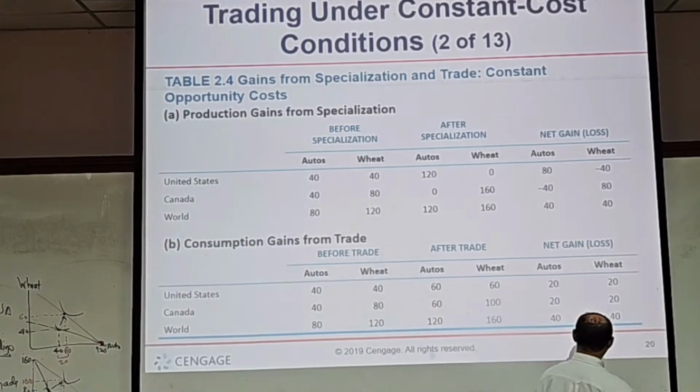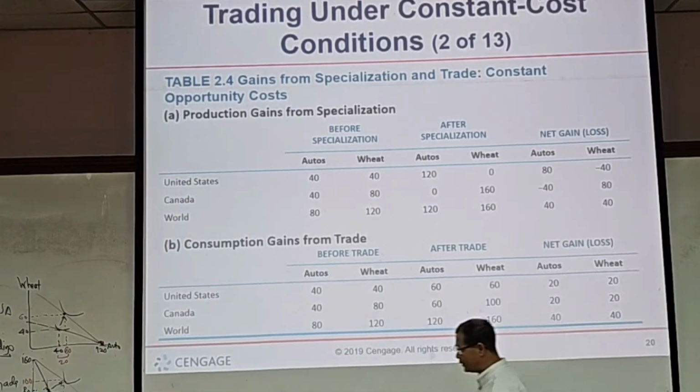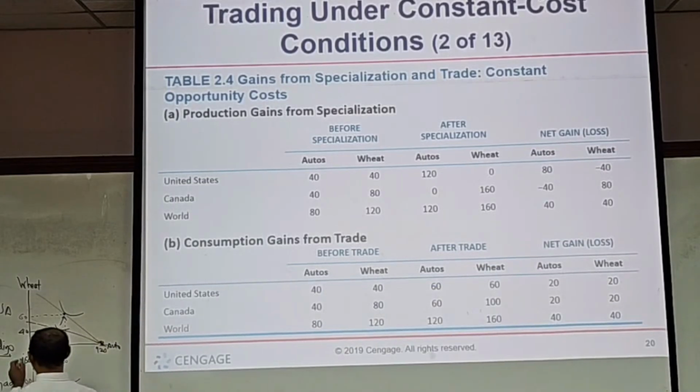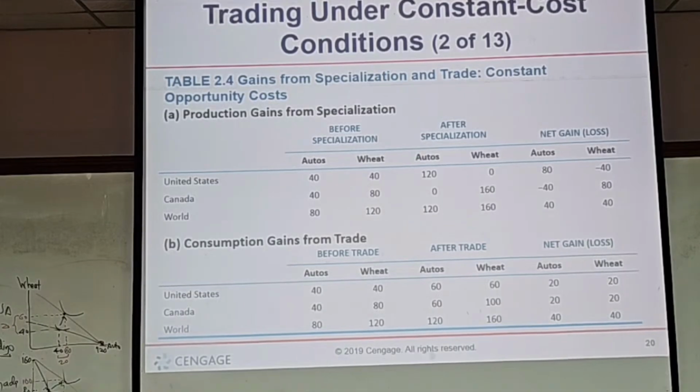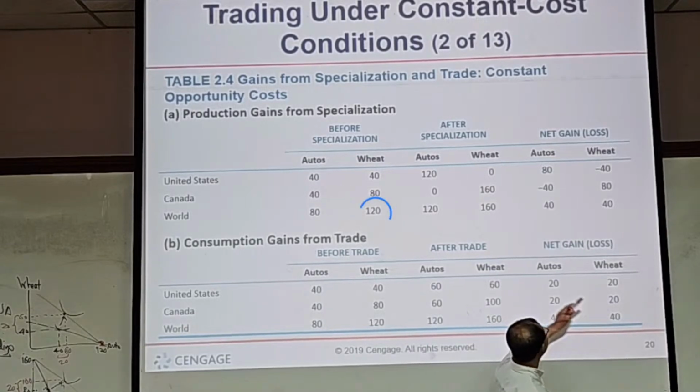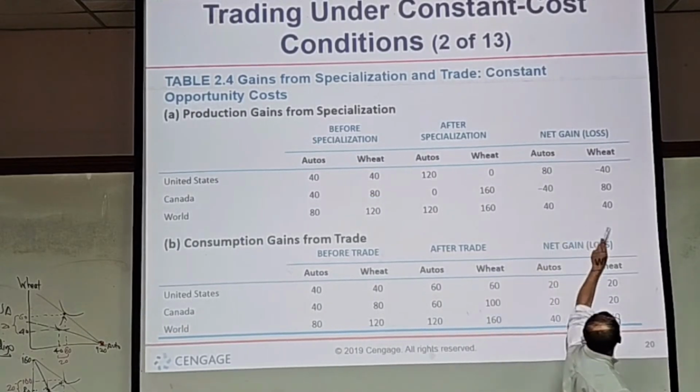For wheat, net gain is 20. Net gain is 20 also for Canada. Consumption is 40 and 40. And this is going to be the same.